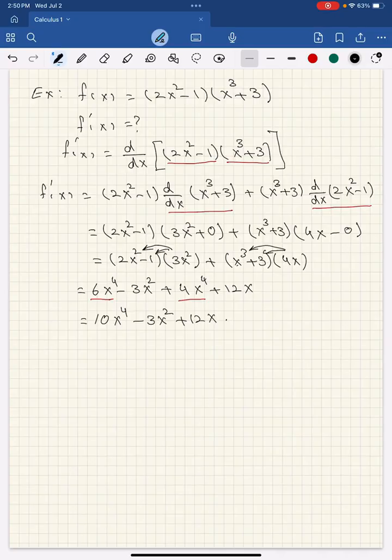I'll accept this as a final answer, but you see here that x is common in all of them. You can factor x if you want to. You can write it this way: x parentheses 10x cubed minus 3x plus 12. Both of them are the same. This is the factored form. This is without factoring.